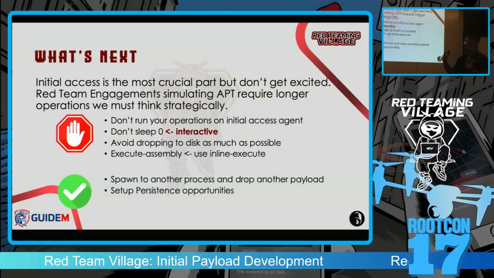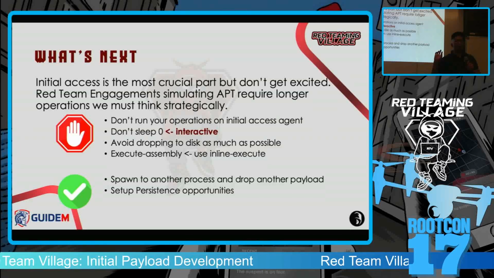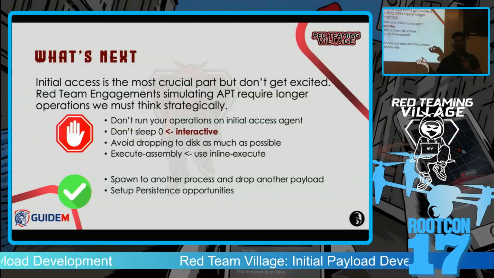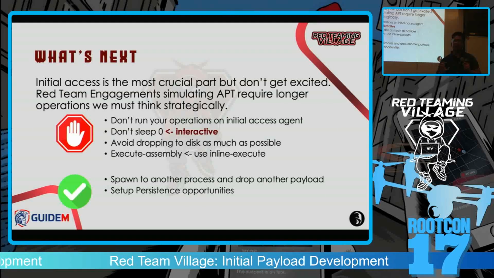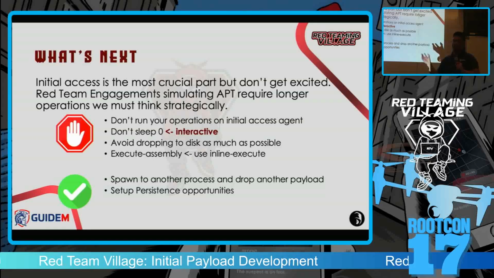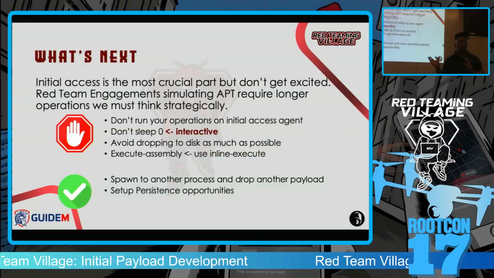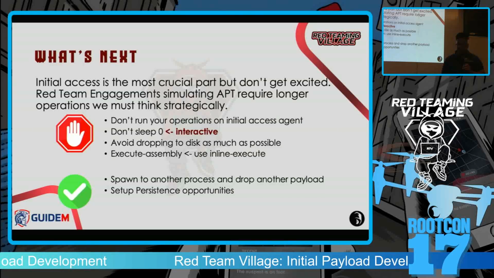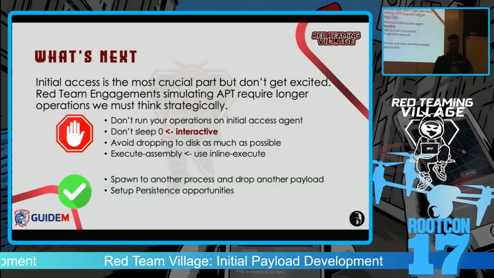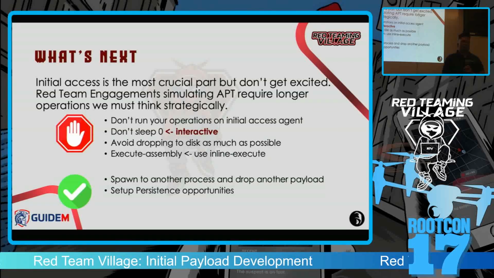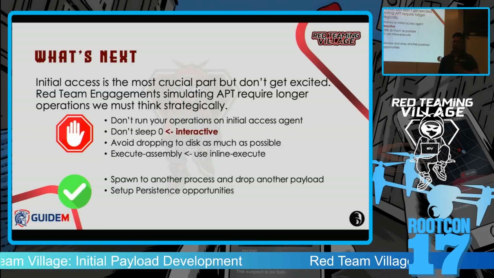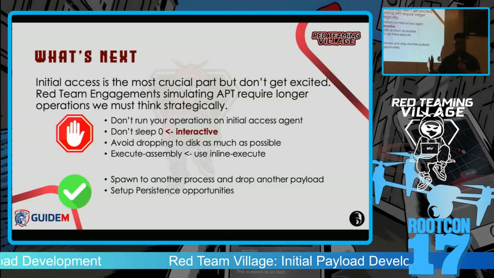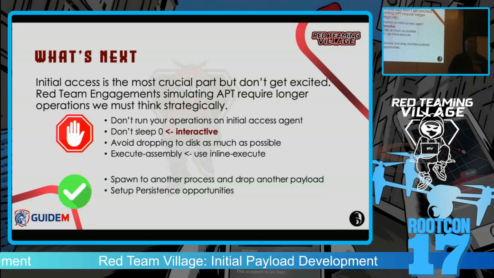But if you drop another payload and get it on another vector, process injection, reflective DLL side loading on another process, that is better for OPSEC. So don't sleep zero or interactive. This means that you do not operate on a beacon too fast, because it gets triggered immediately. Avoid dropping to disk if possible.